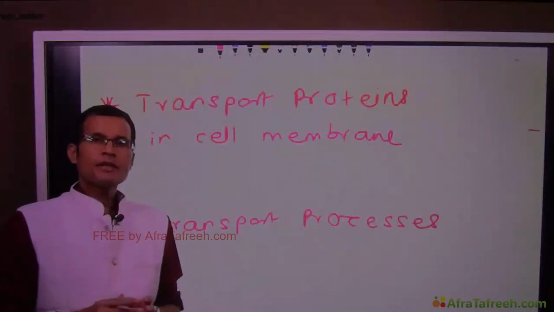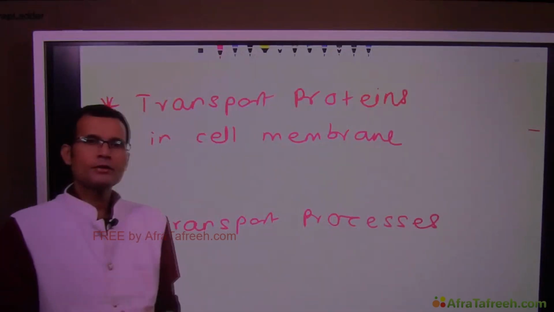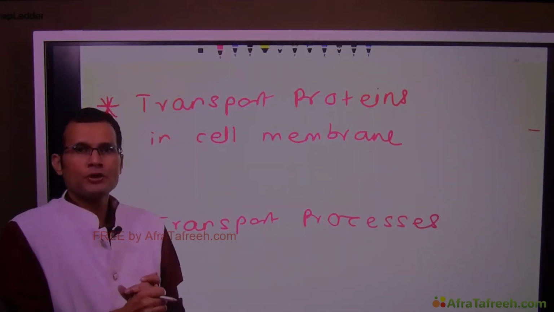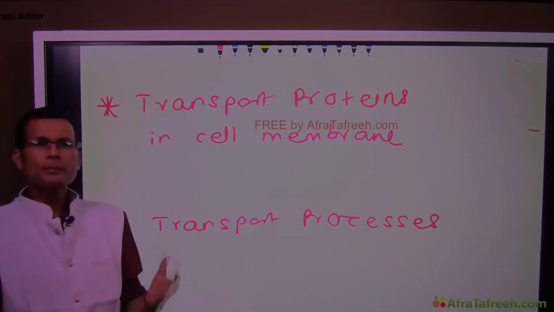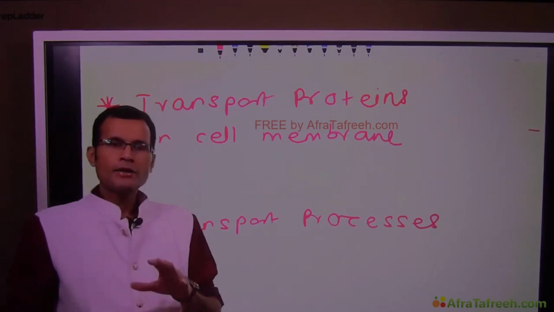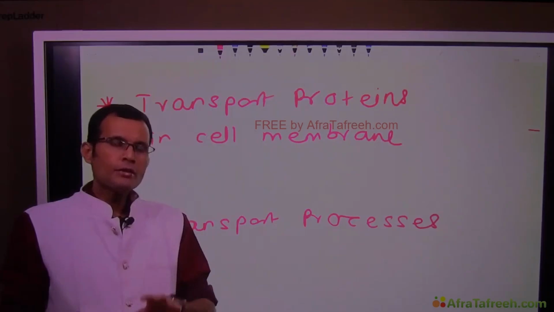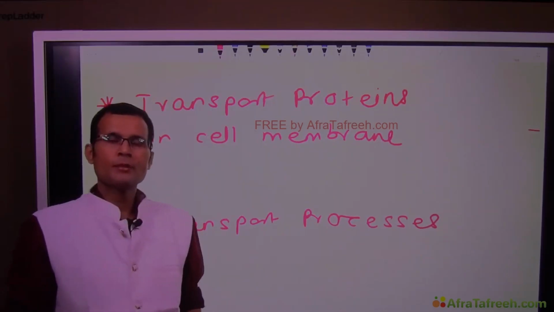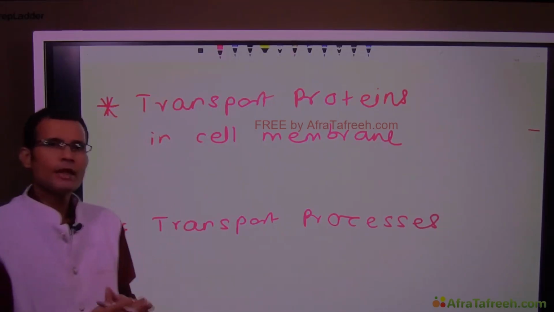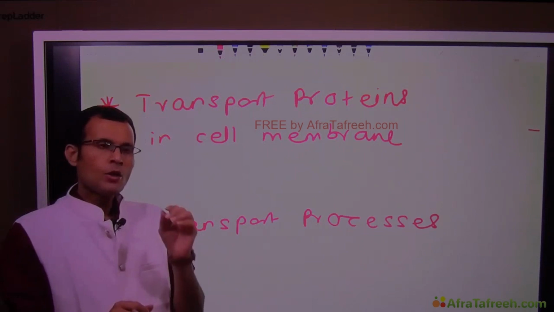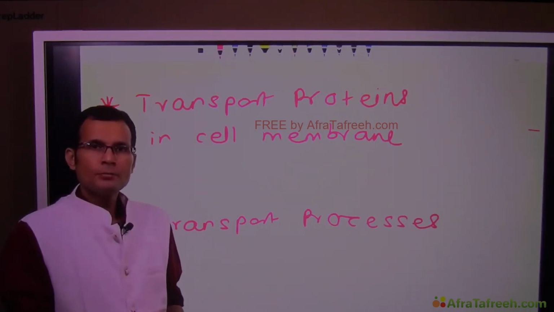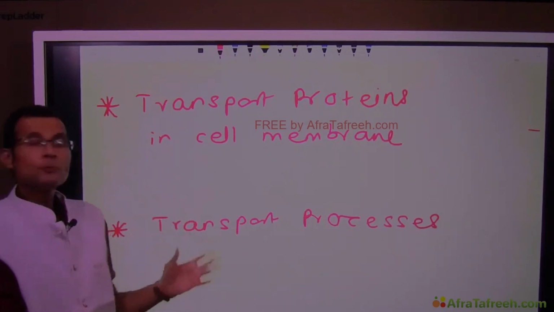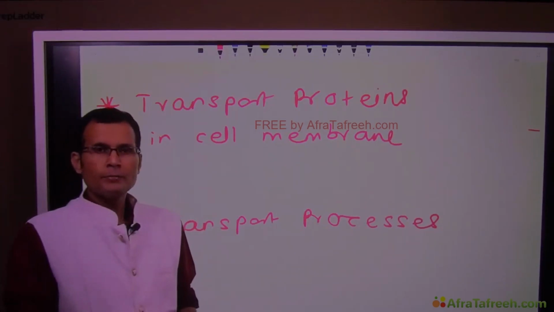In the previous sections, we have discussed the cell membrane and its composition. We discussed the carbohydrates and lipids in the cell membrane, and then we've also seen the protein composition of the cell membrane. We described different types of cell membrane proteins. One type that I thought should be discussed here is the transport proteins in the cell membrane.